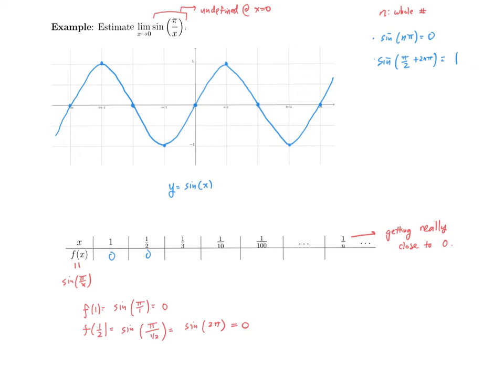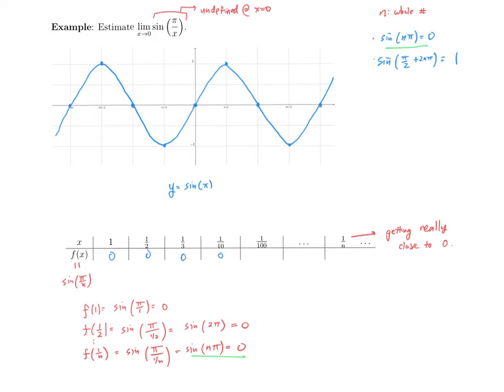And notice all of these inputs have a very similar form. In general, we're thinking something like f of 1 over n, which is sine of pi divided by 1 over n, which multiplying by that reciprocal makes it sine of n pi, which we observed above is 0.